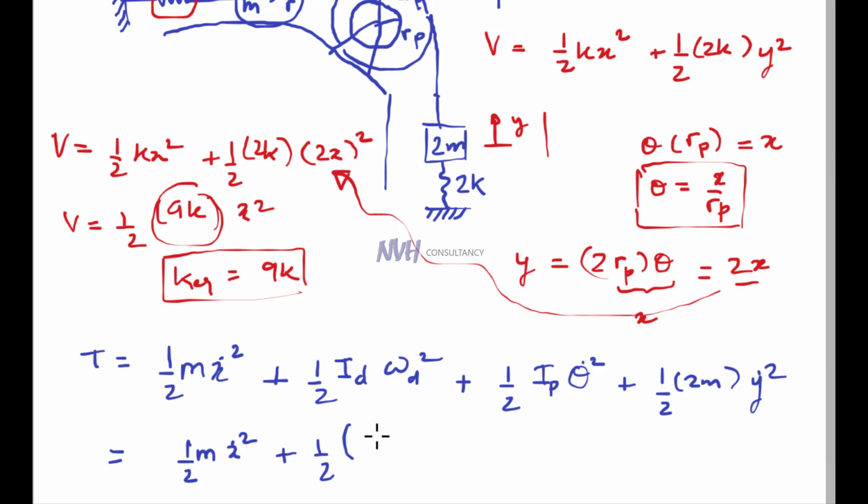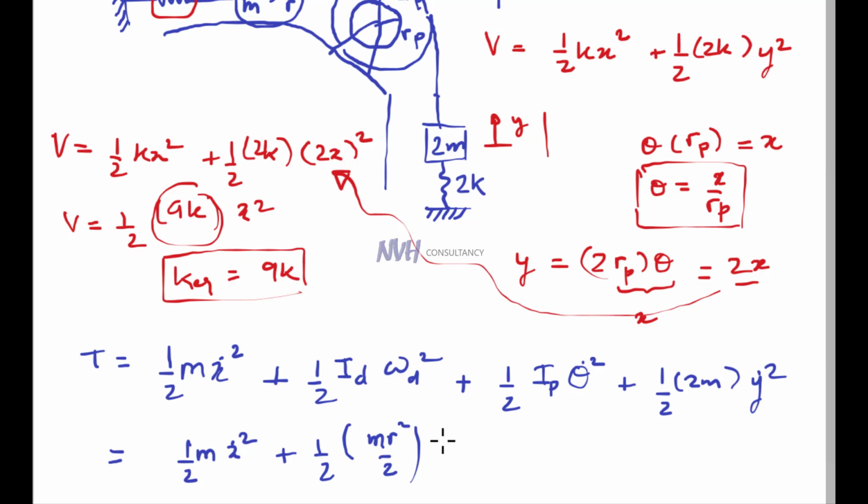In case of a thin disk, Id can be written as m r square by 2, times omega d squared.